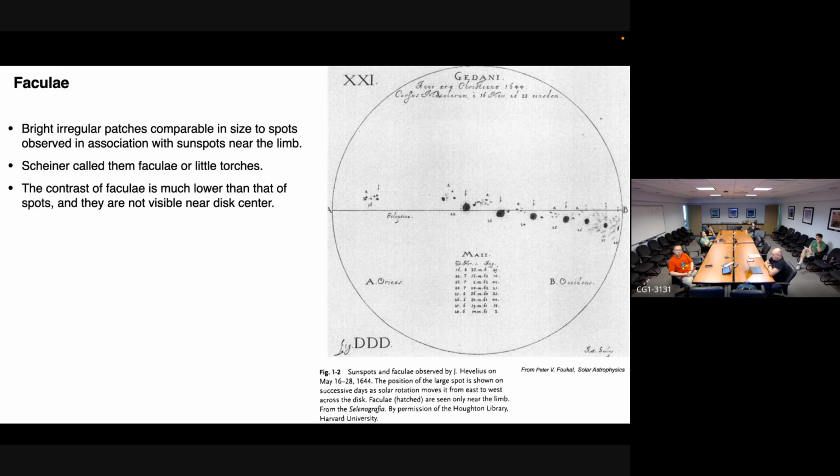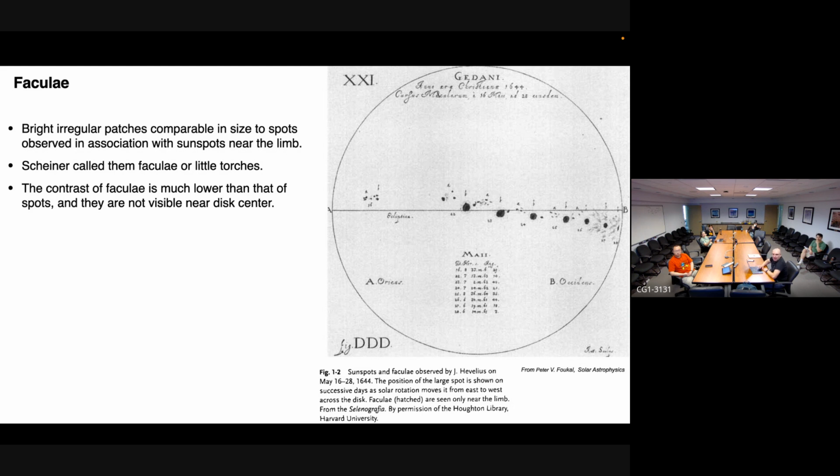So here I'm showing the hand drawing made by Hevelius in 1644, based on the data he took for a sunspot. We have here the sunspot that moves across the solar disk due to the solar rotation.